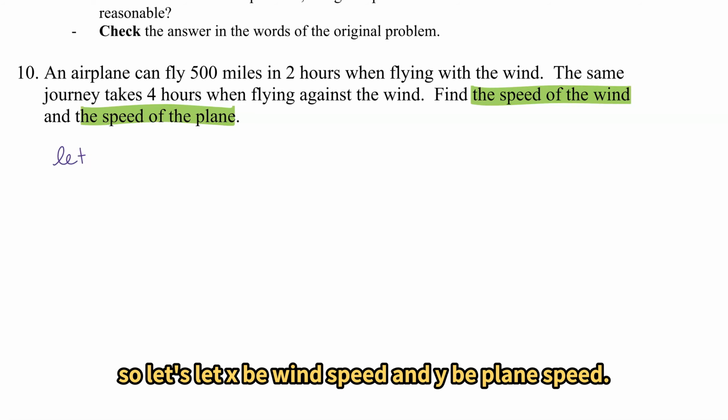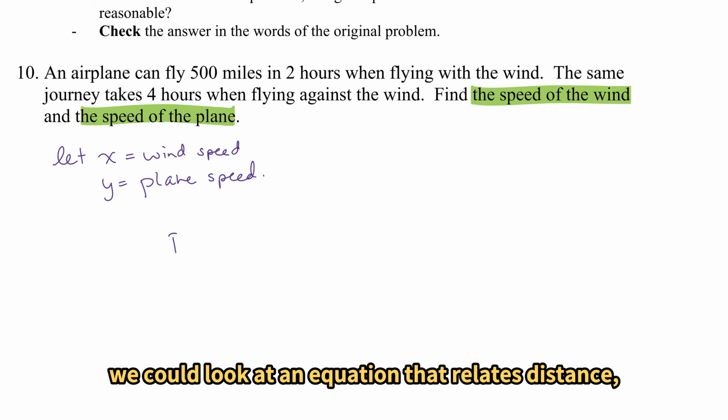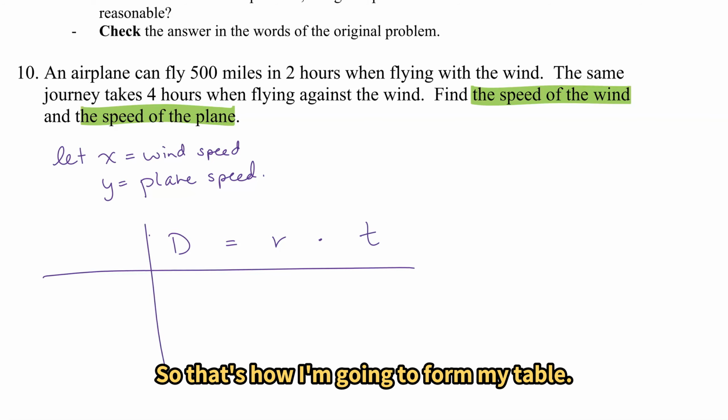So let's let, it doesn't really matter, x be wind speed and y be plane speed. Since we're talking about distance, we could look at an equation that relates distance, rate, and time. So that's how I'm going to form my table.